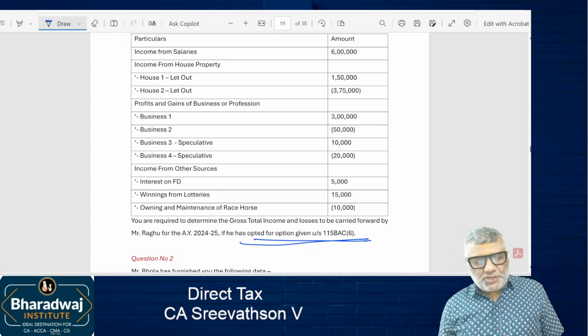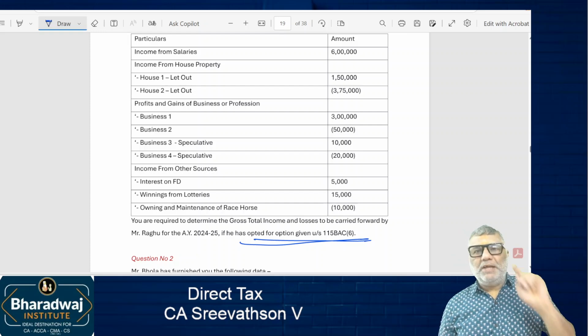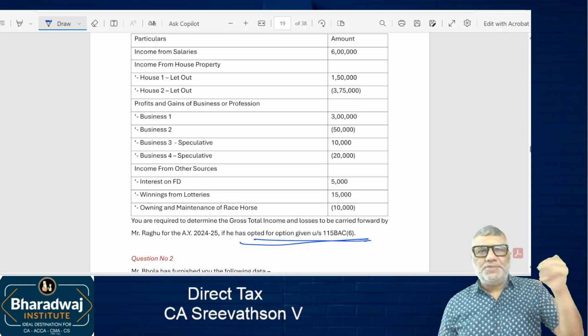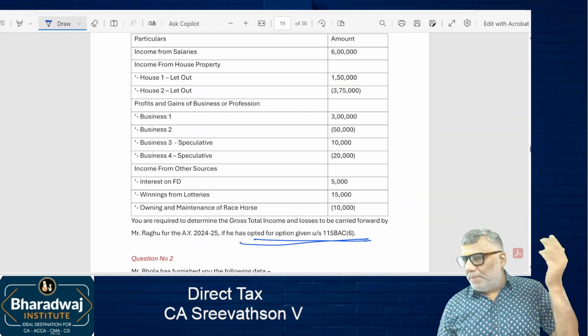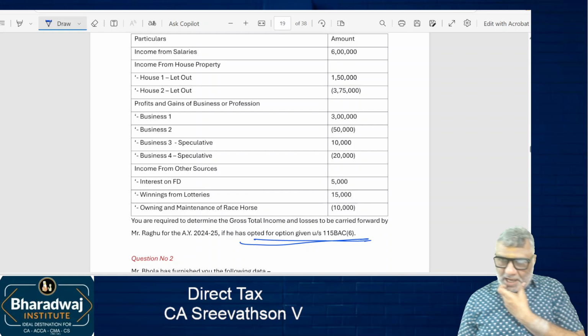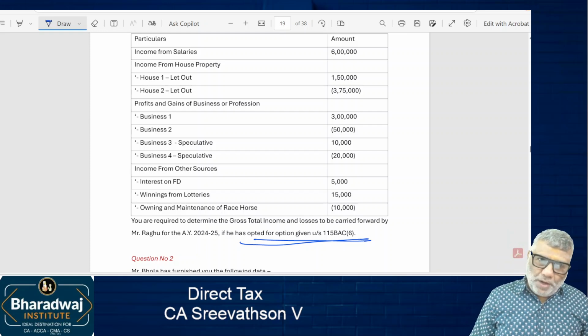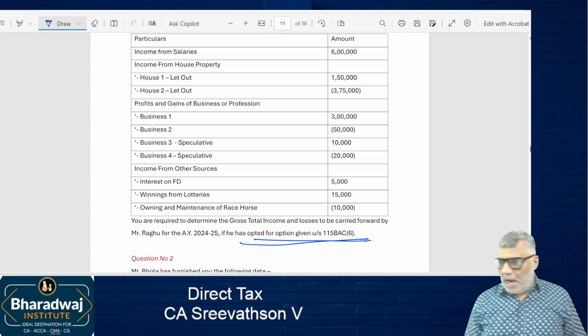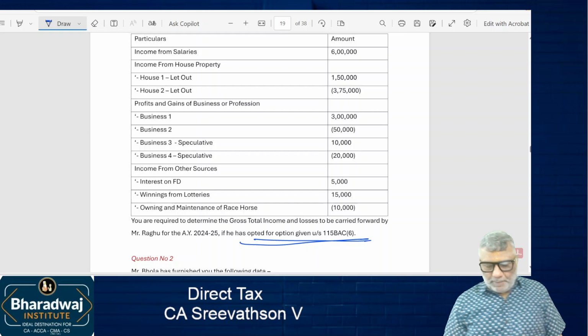The option there is you can come out of 115BAC under normal provision, in which case only 2 lakh of house property loss can be adjusted.